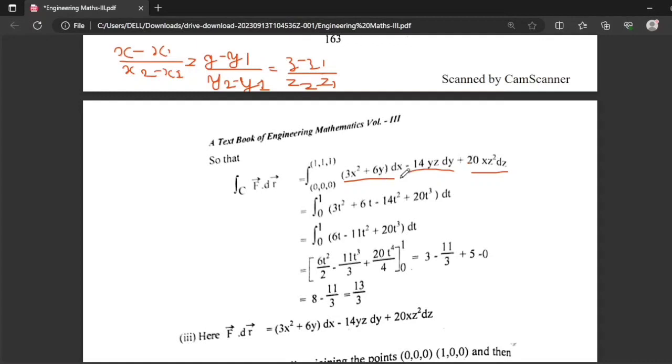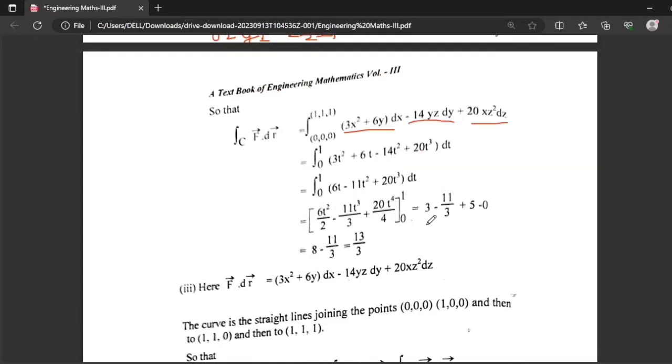And dx is dt, dy is dt, and dz is also dt. So 3t square plus 6, with dt taken common, minus 14t square dt, and 20t cube dz is dt.